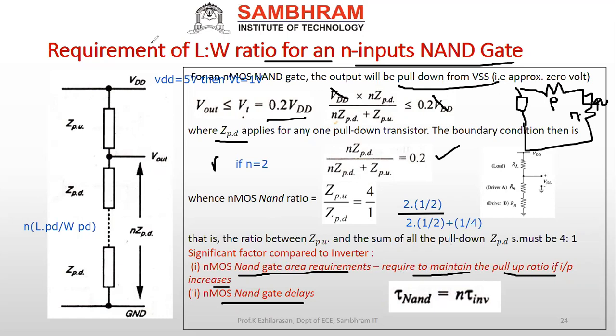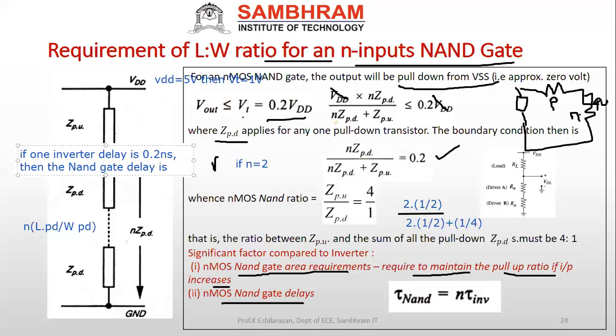For example, if one inverter delay is 0.2 nanosecond, then the NAND gate delay is how much now?